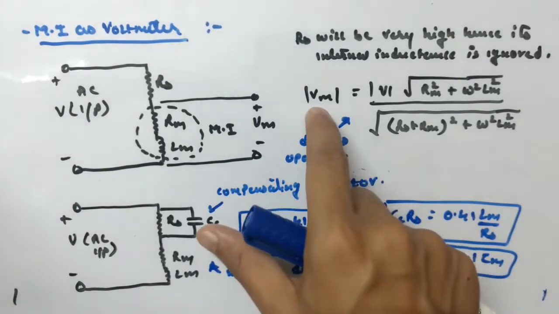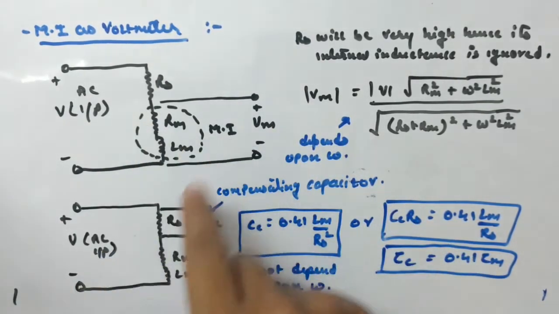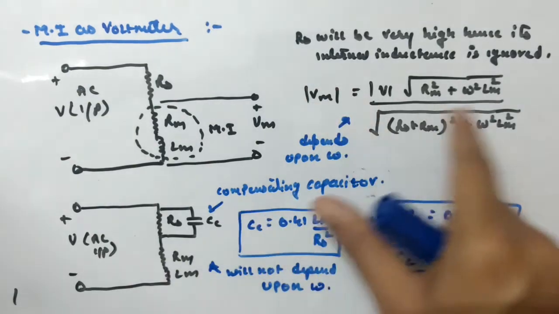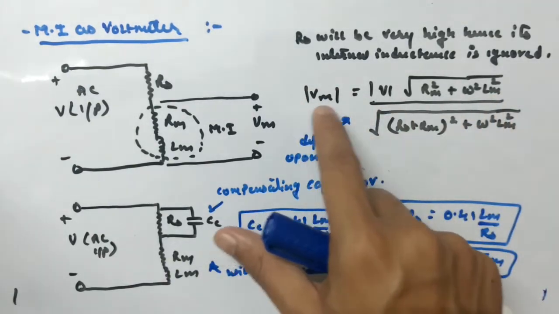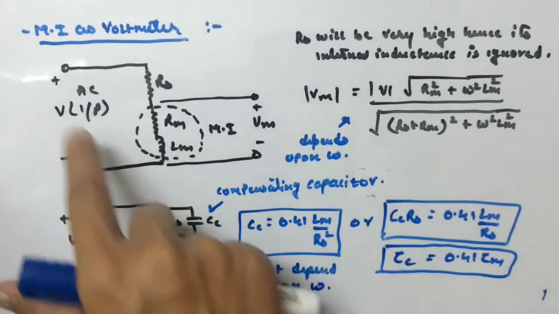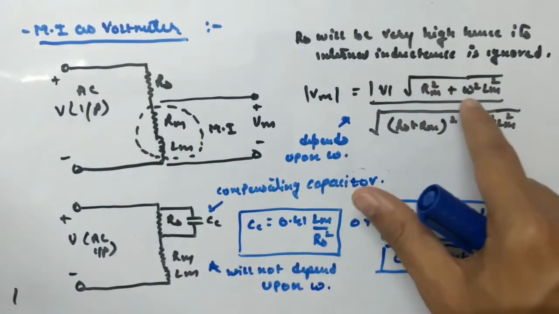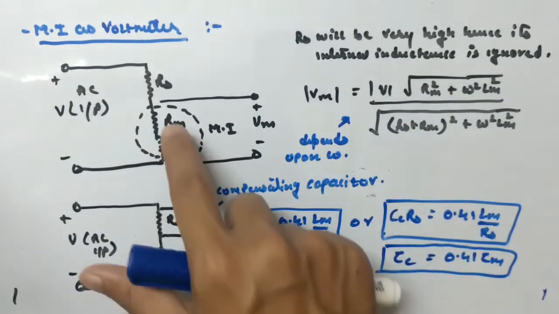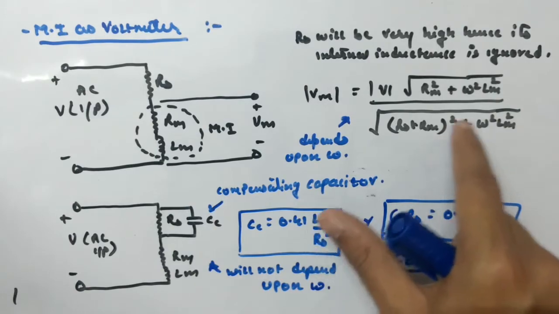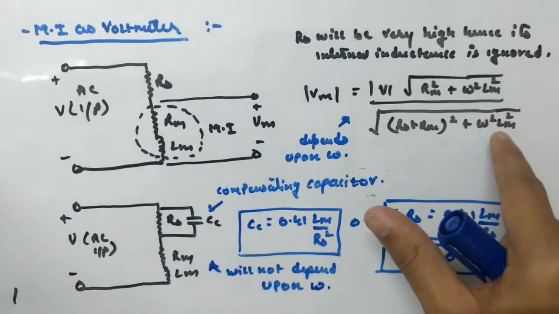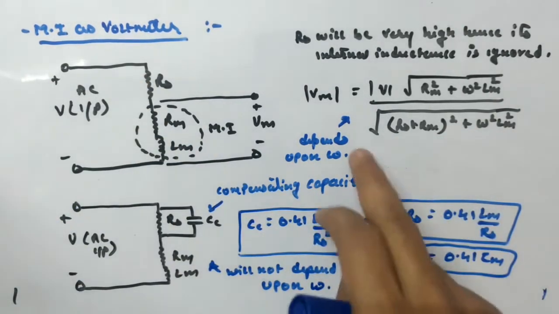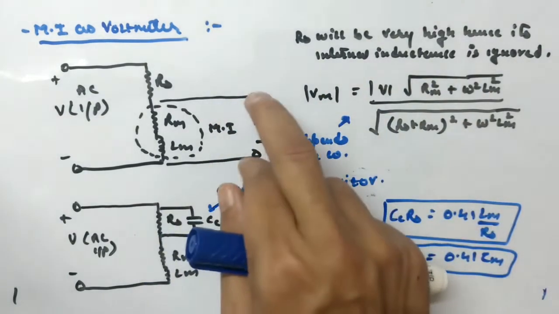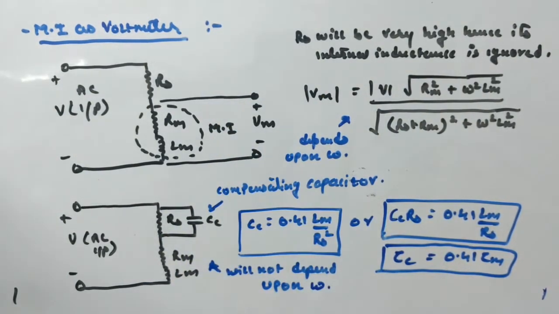You can calculate the value of Vm by applying voltage division, and I am writing the mod value. So mod Vm is equal to mod V, voltage division, under root Rm square plus omega square Lm square divided by under root Rs plus Rm whole square plus omega square Lm square. Now you can see this is the voltage across the moving iron.